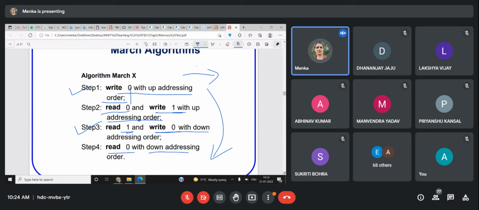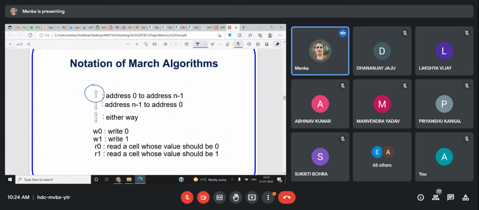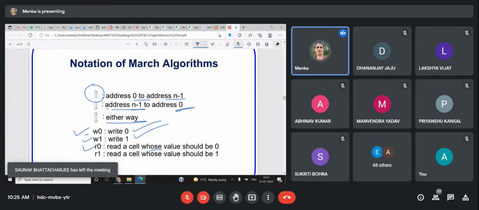Now, March algorithm, this is how you can denote it. This means upside, address 0 to address n minus 1. This is downside, address n minus 1 to 0. This is both ways. This is how you'll be writing. W0 means you have to write 0. W1 means you are going to write 1. R0 means read a cell whose value should be 0.